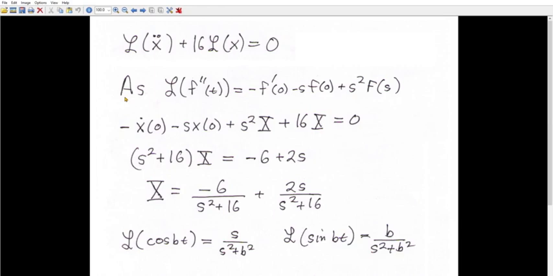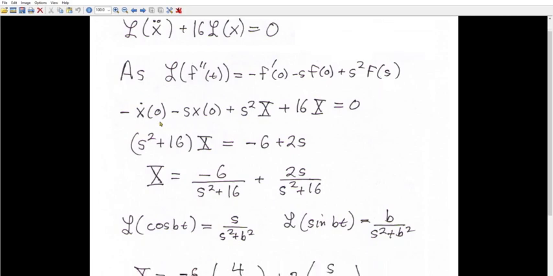We're going to use what we just discovered: the Laplace transform of f double prime is minus f prime at 0 minus s f at 0 plus s squared times the Laplace transform of f.